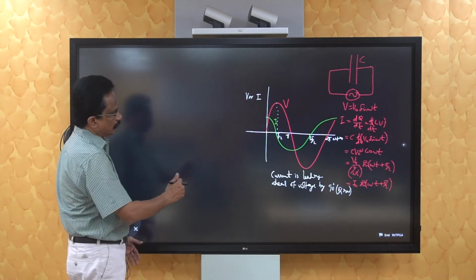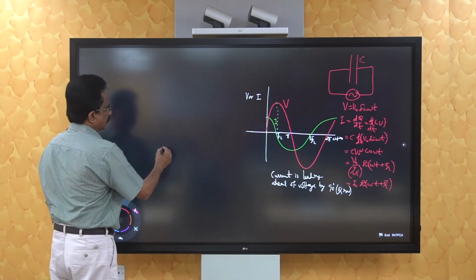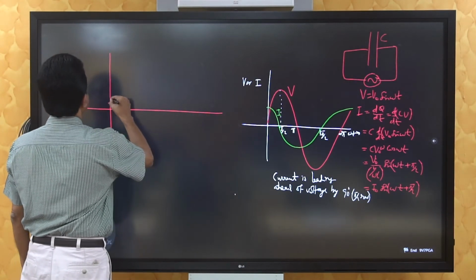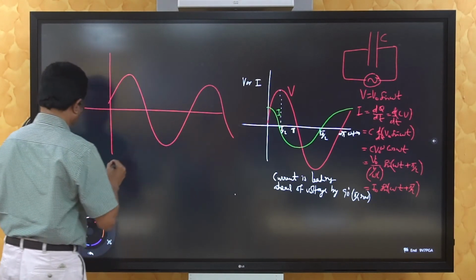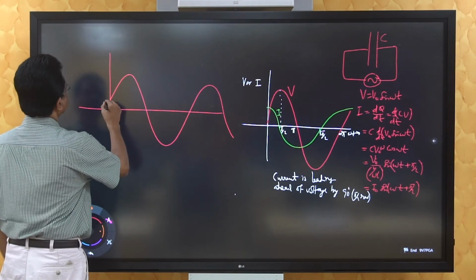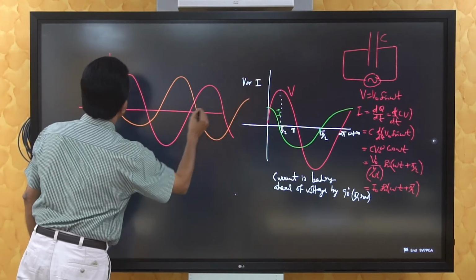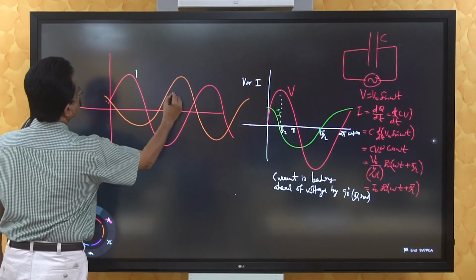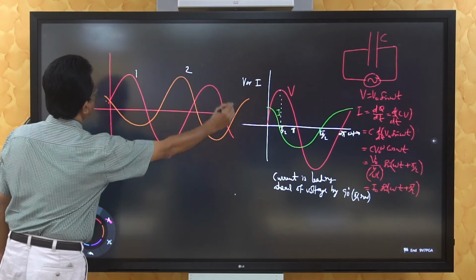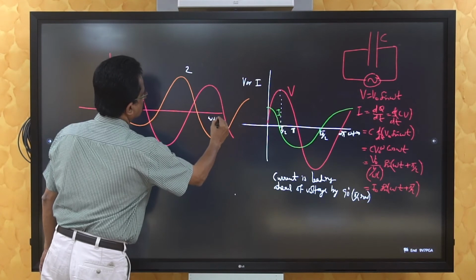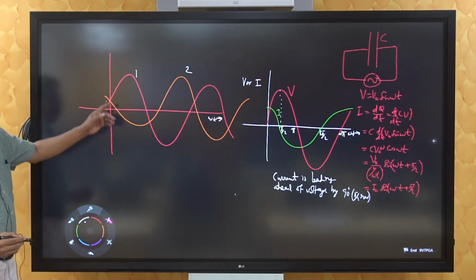And now we see the leading and lagging in the general case. See, here there are two graphs.